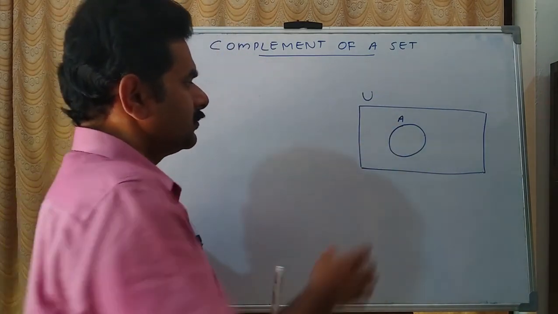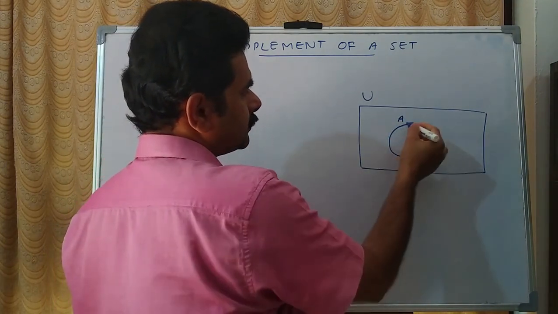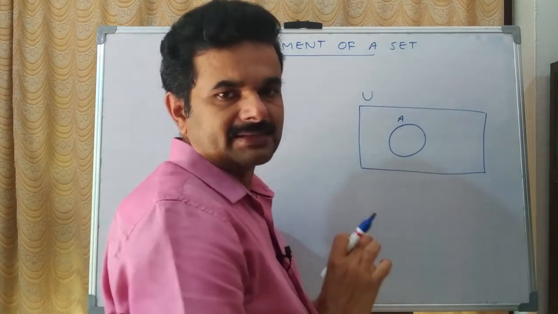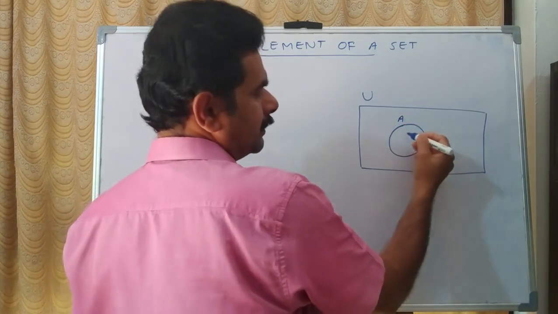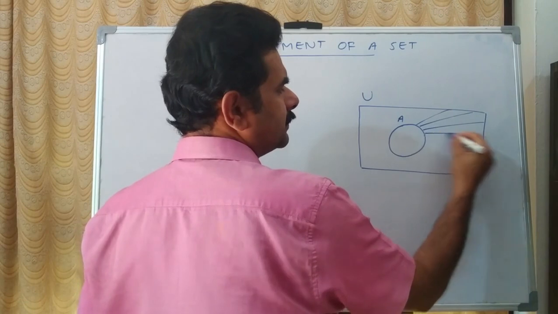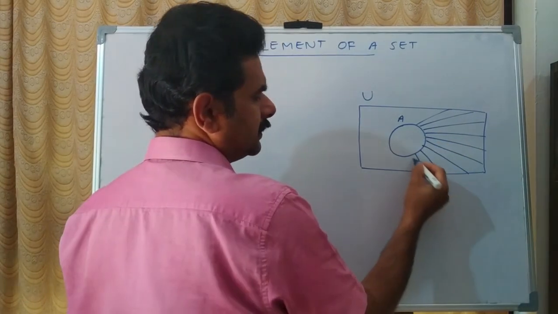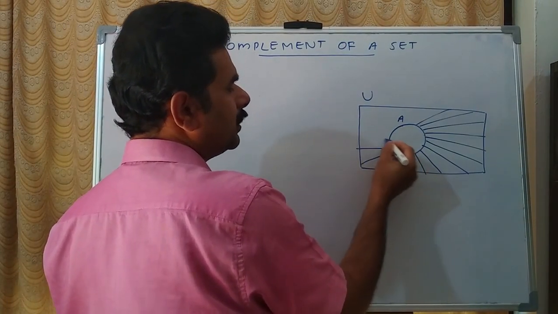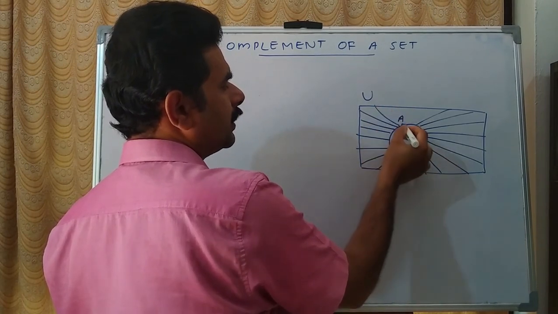So this area, when I am shading here, this portion will be what? A, the set A. Now I am shading the other part of A here. This part is shaded, just like a sun, isn't it? This part means the part beyond A and within the universal set.